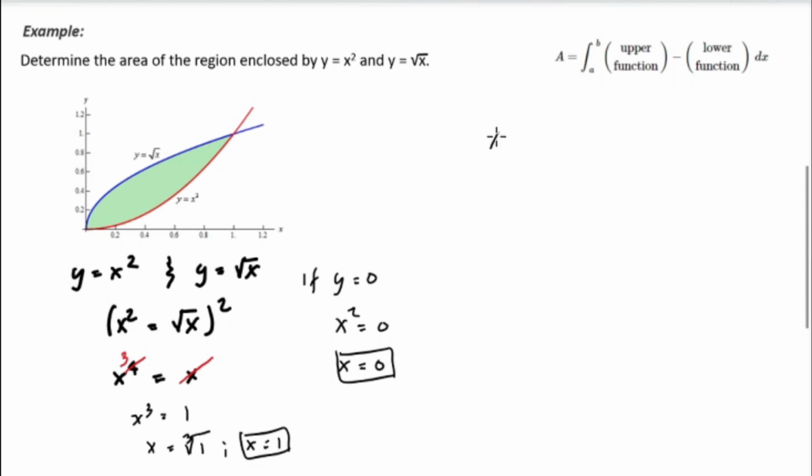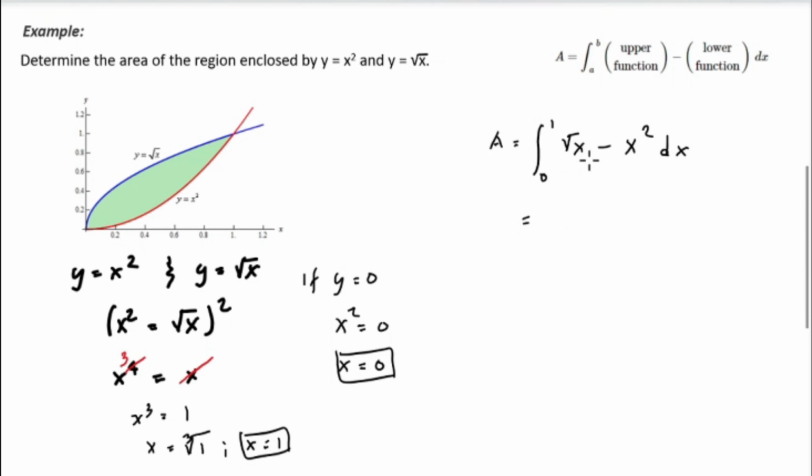So the area is equal to the integral of the upper function, which is square root of x, minus the lower function, which is y equals x squared, dx from 0 to 1. And that's the time we integrate.